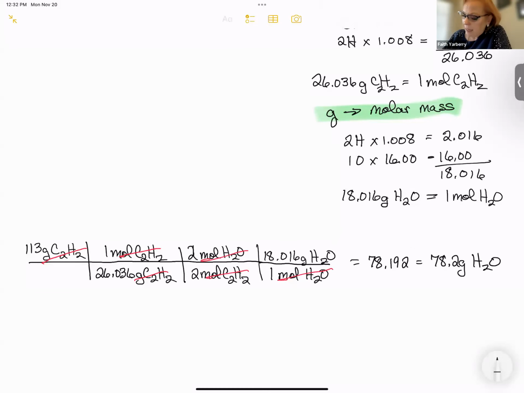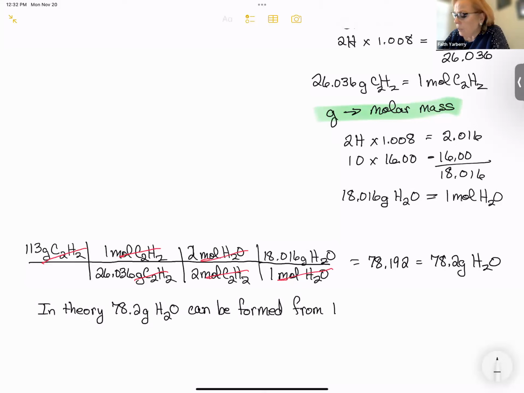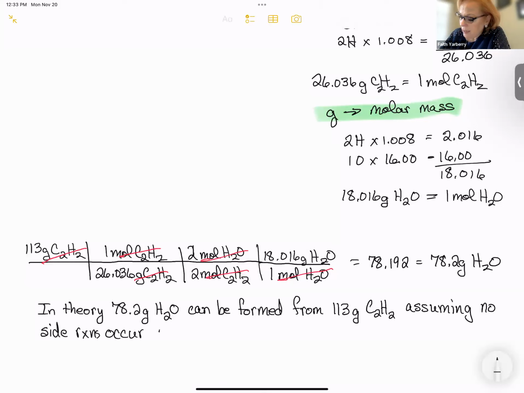What this math is implying is, in theory, 78.2 grams of H2O can be formed from 113 grams of C2H2, assuming no side reactions occur, and no loss of products occurs.